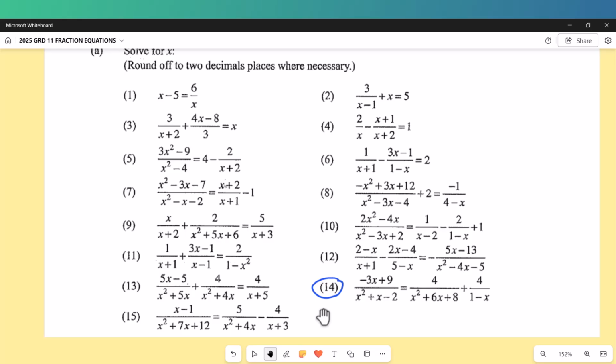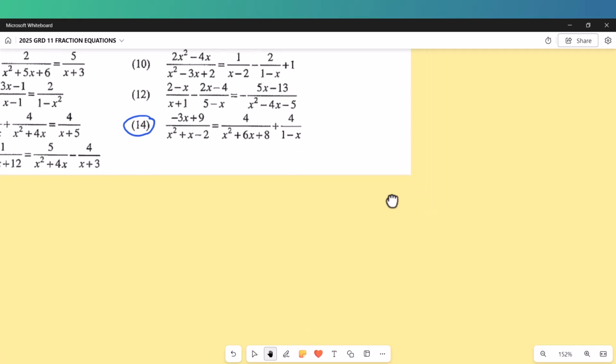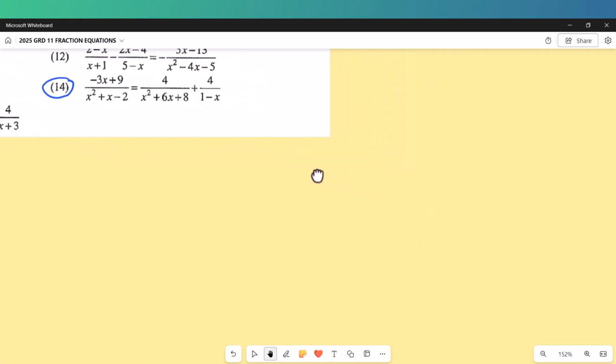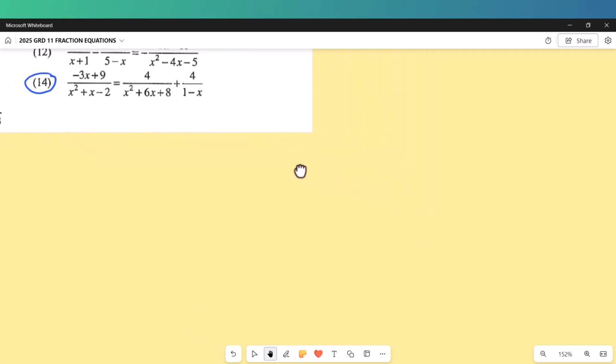Now question 14, if we check it out, what does it say? We're solving for x again. Now in this case, I have negative 3x plus 9, and I can take out negative 3, into x minus 3, divided by, what are the factors here?